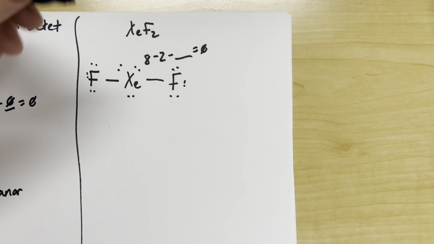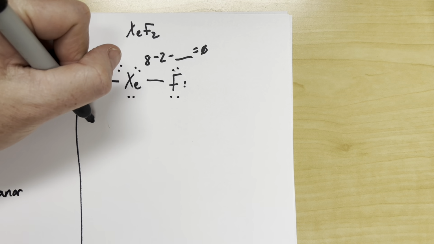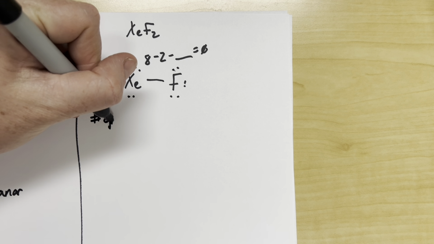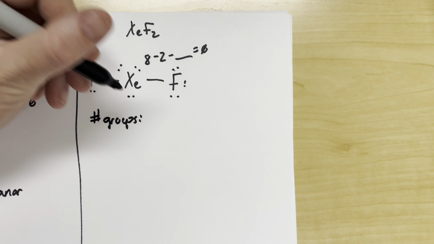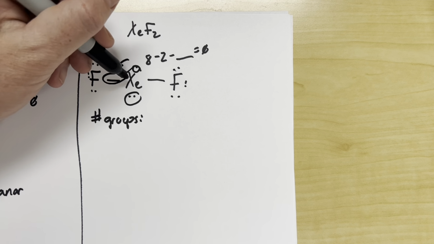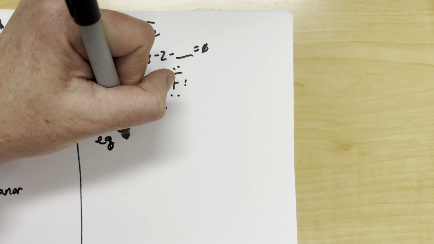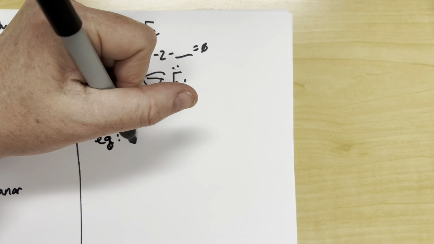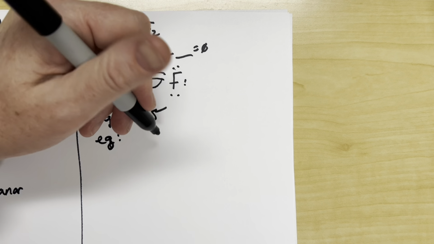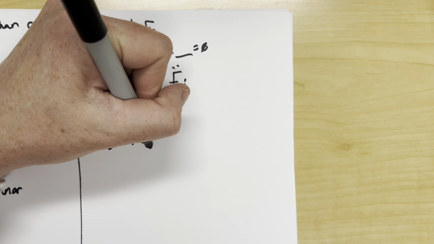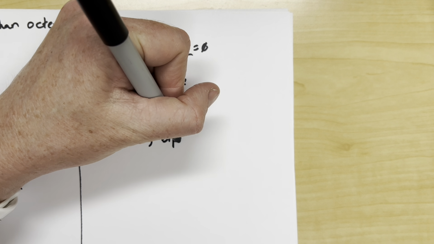Really, well, let's keep going. So the number of groups is 1, 2, 3, 4, 5. We know that its electron geometry is going to be trigonal bipyramidal.